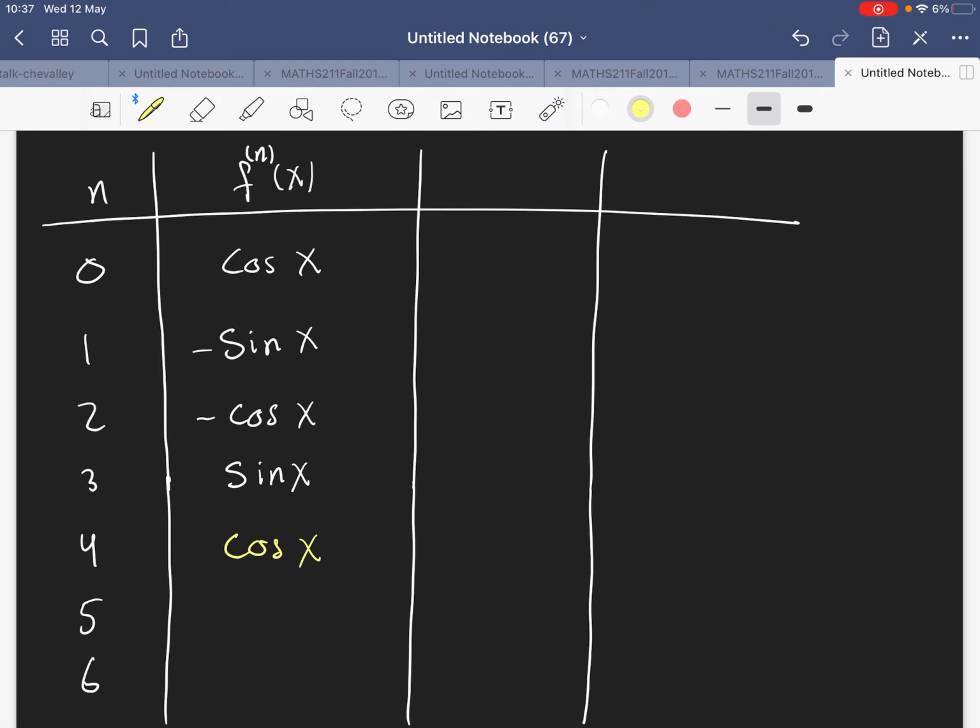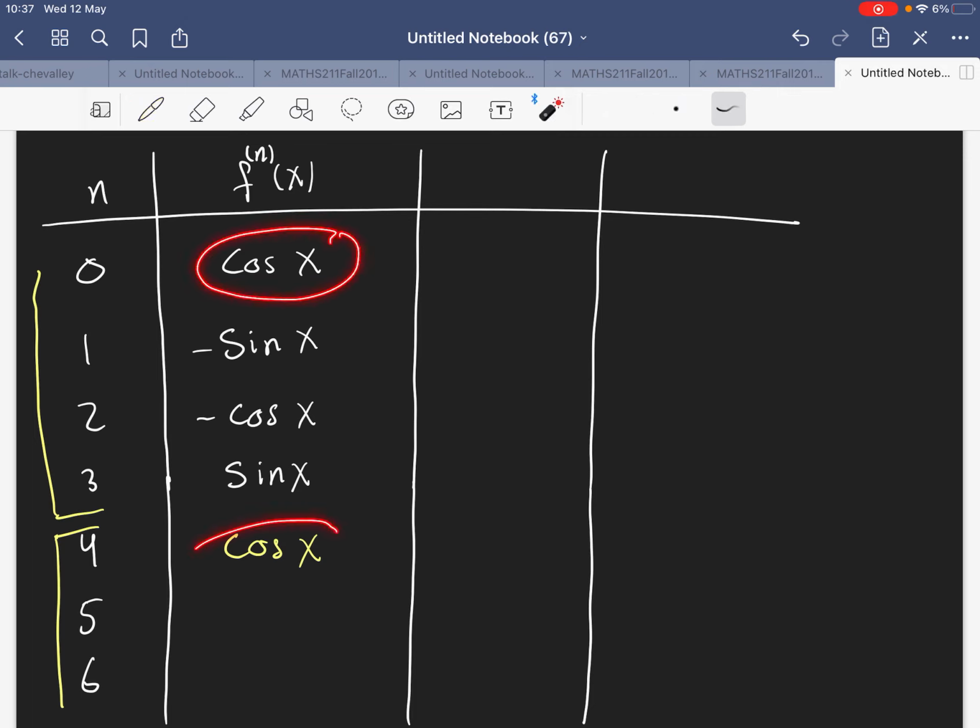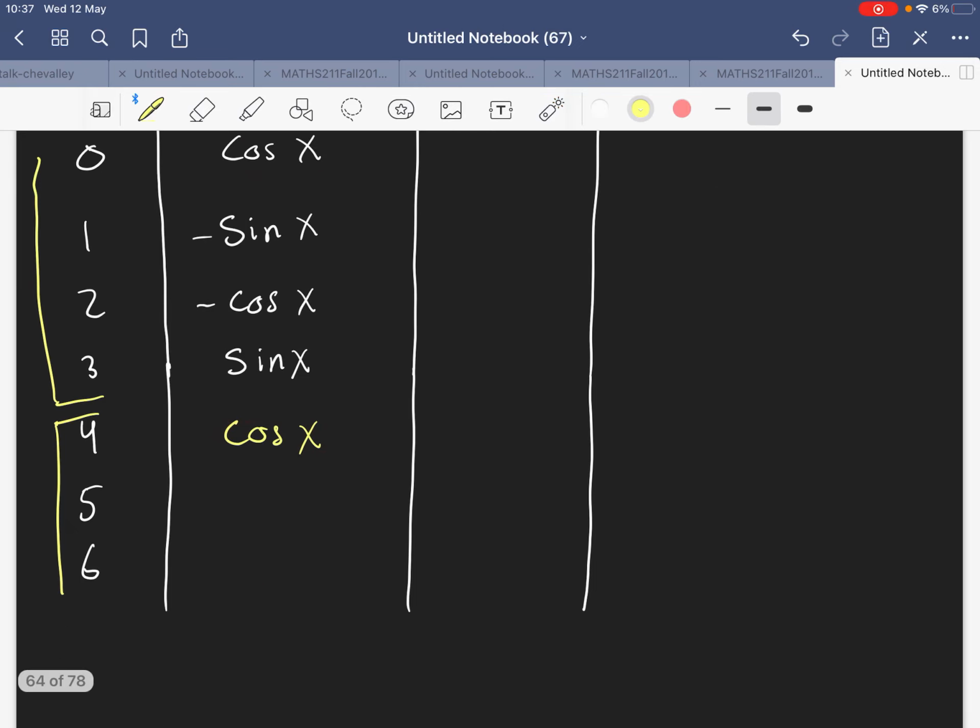Now you can see that once we end up in cosine again, whatever comes next will just repeat itself. So it will just be minus sine x, minus cosine x, sine x, and then I will get back to cosine x.